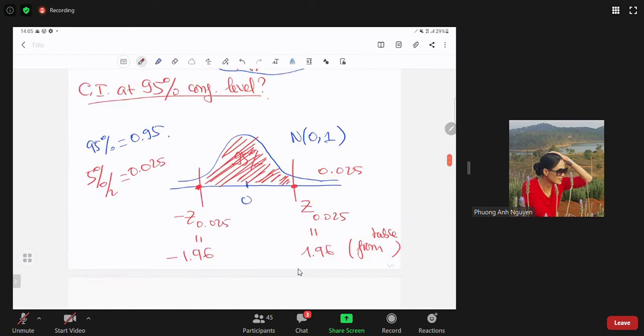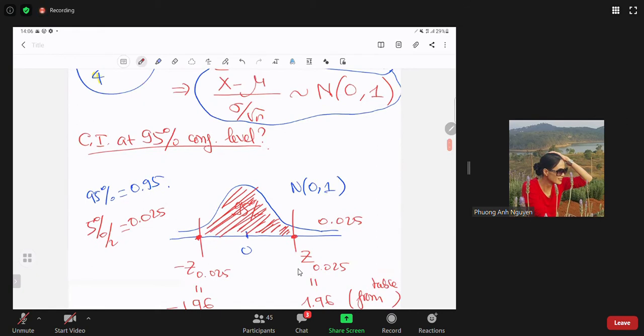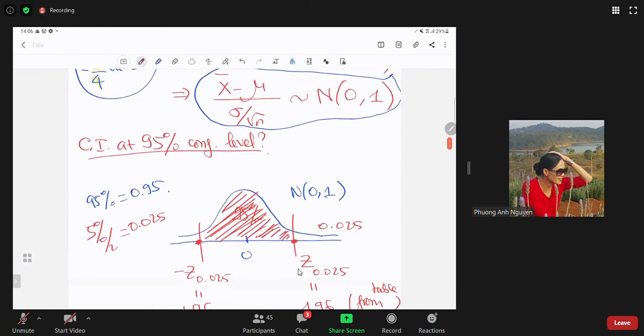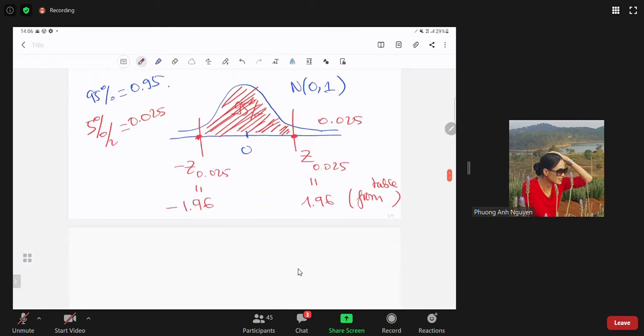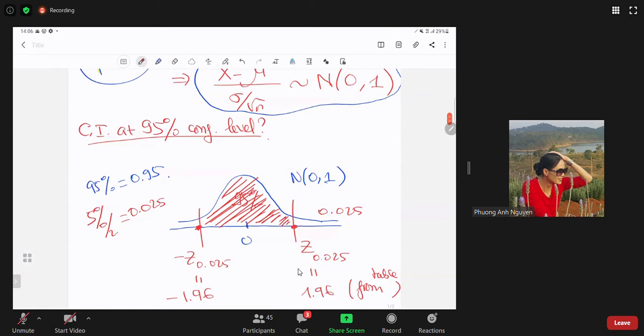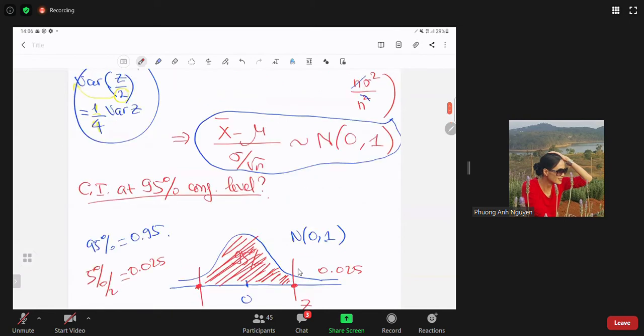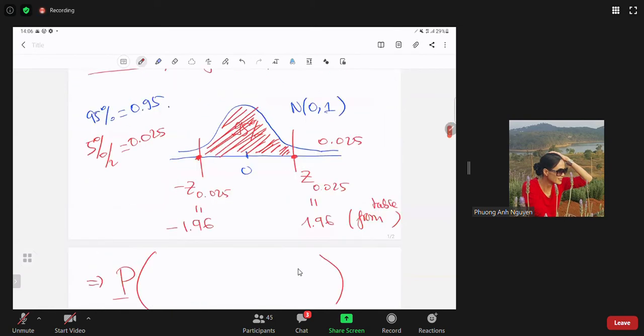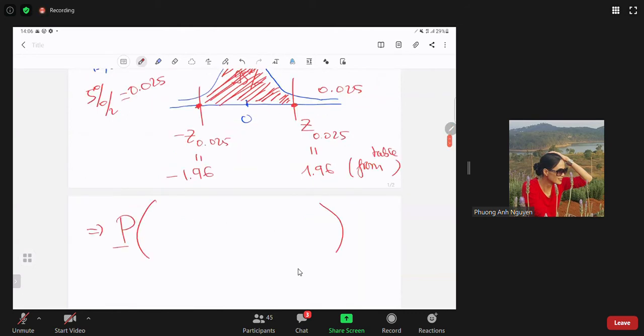Then I can say that the probability that my statistic, x bar minus mu divided by sigma over root n, belongs to this interval, negative 1.96 to 1.96, is 95%.